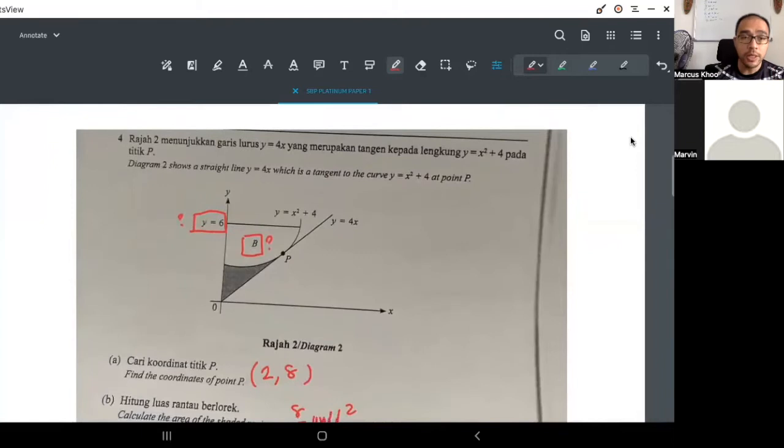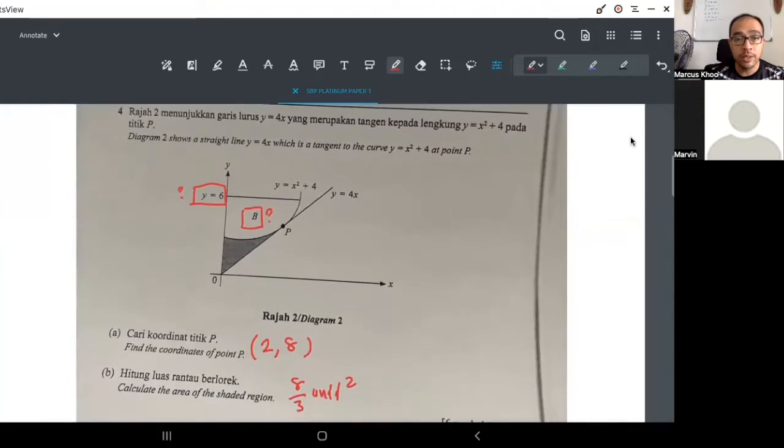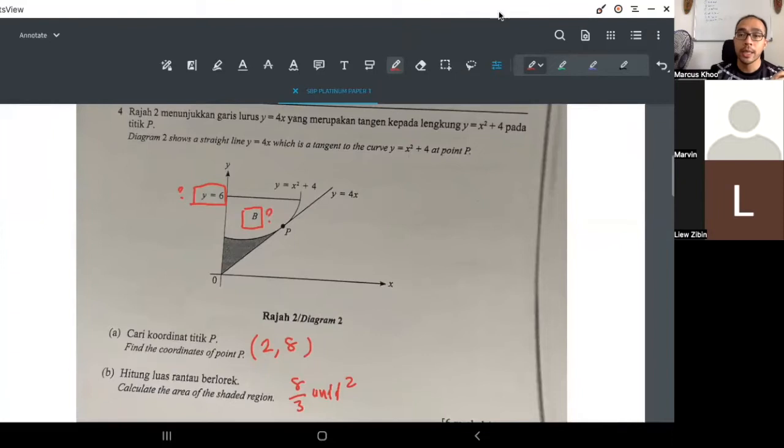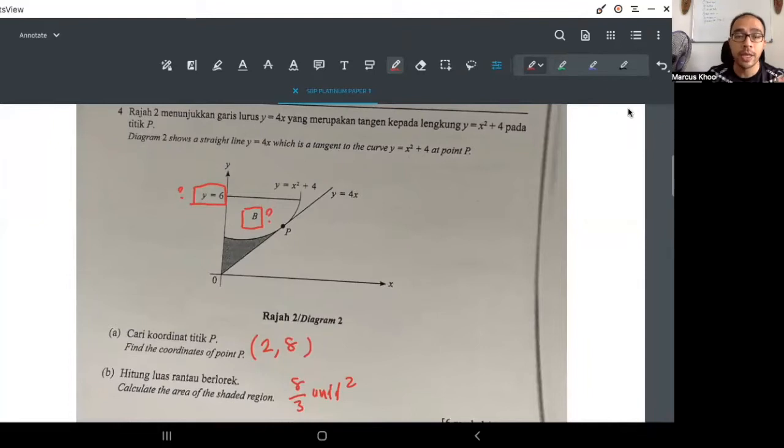This number 4 question is a very strange question for 2 reasons. I will explain later. You have a straight line y equals 4x, which is tangent to the curve y equals x squared plus 4 at point P. Because of this, if it is a tangent, then it is a point of intersection. So if P is a point of intersection, we can use y equals y.